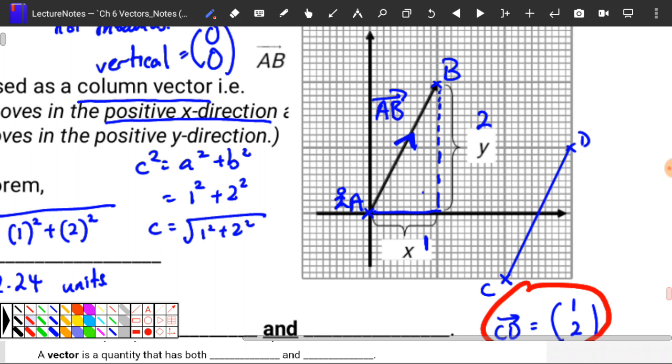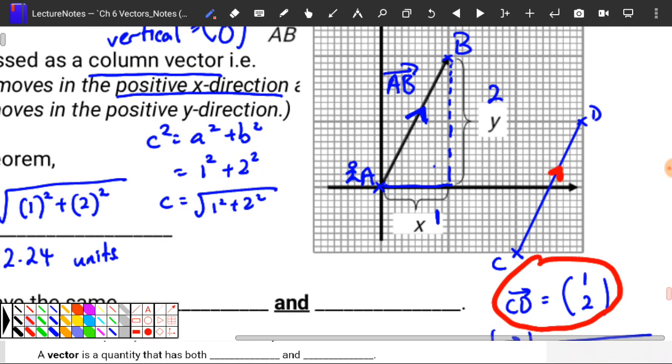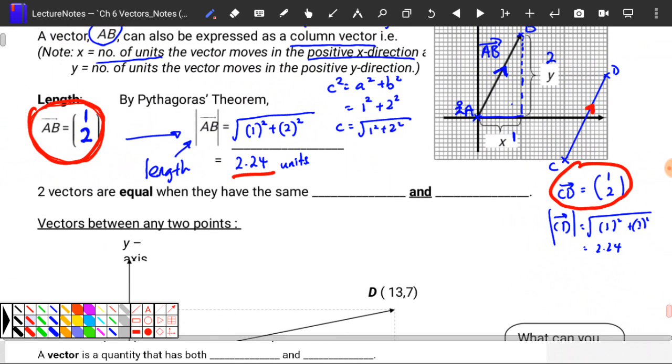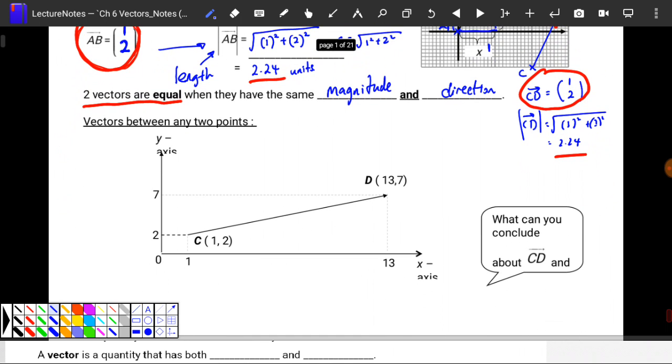Is it the same direction? Yes, because C to D is the same direction. Same magnitude, again, is shown over here. So two vectors are equal when they have the same magnitude and direction. Okay, so far so good.